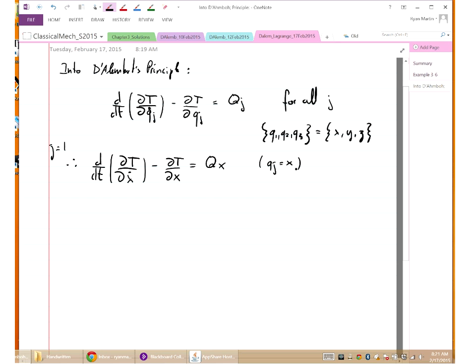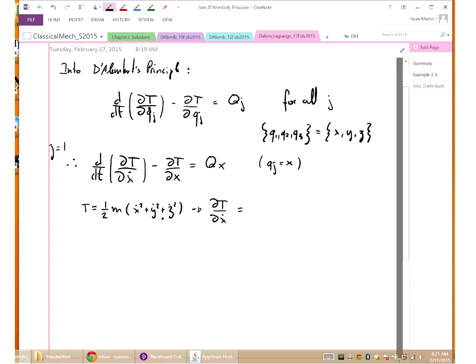So ∂T/∂q̇_j is the same as ∂T/∂ẋ. So remember, T is a half m times ẋ squared plus ẏ squared plus ż squared. So we need ∂T/∂ẋ.